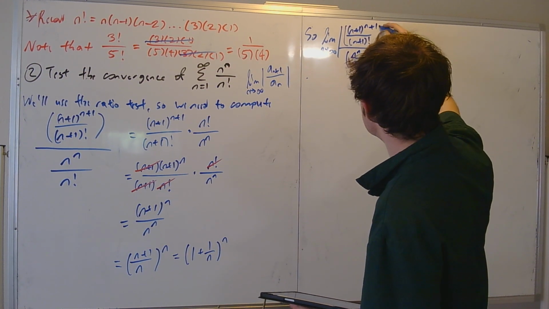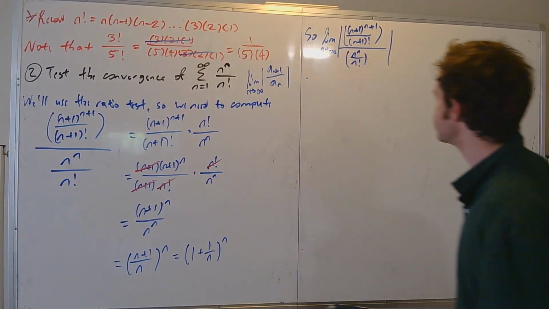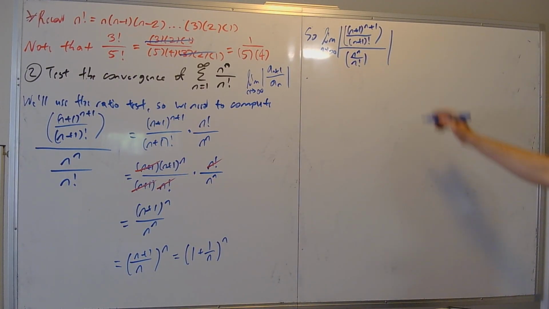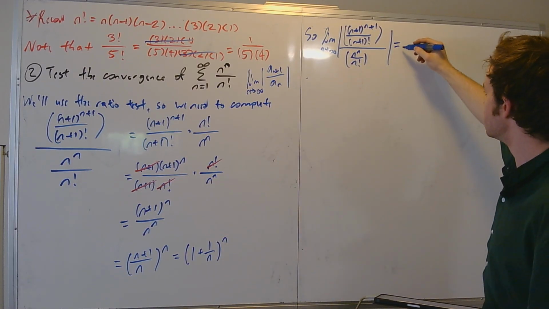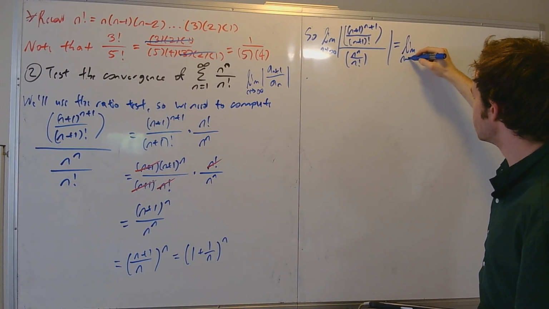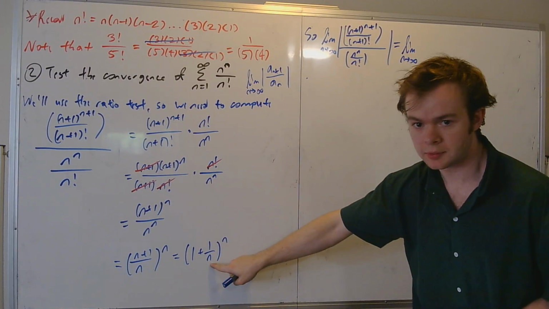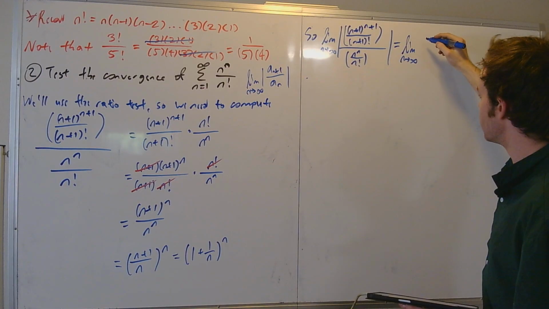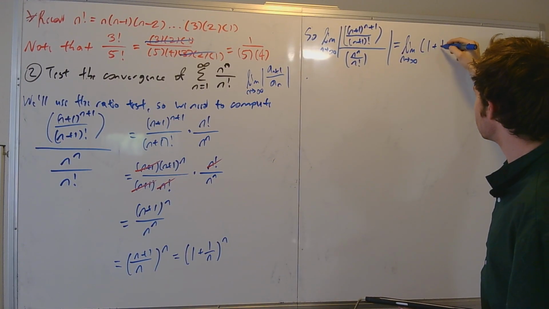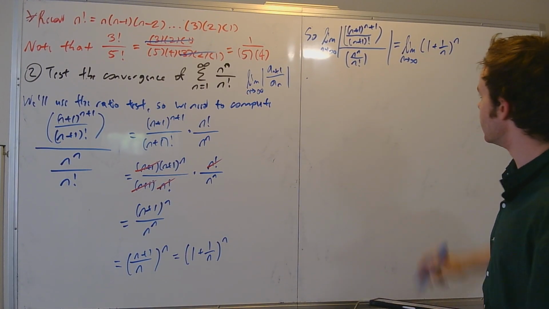So we're dividing the two fractions. Now, this limit, we simplified the inside to be this. So it's the limit as n goes to infinity. Note this is going to be positive since n is positive, so I'll just drop the absolute value symbols. So (1 plus 1 over n) to the power of n.